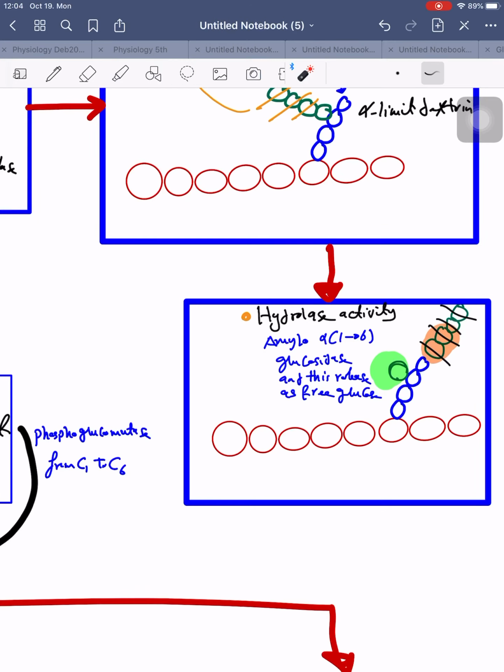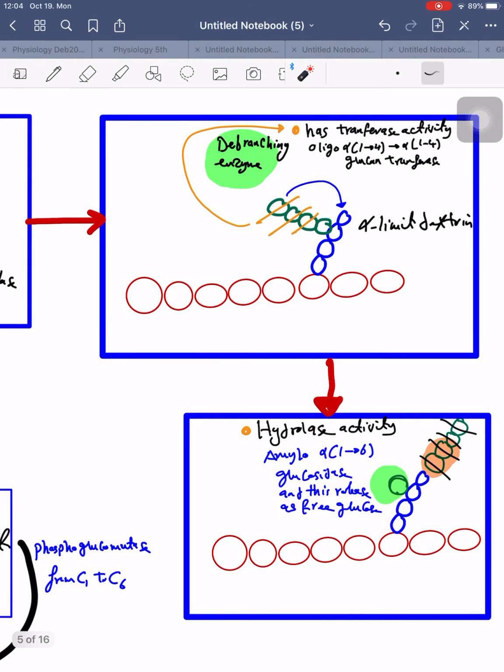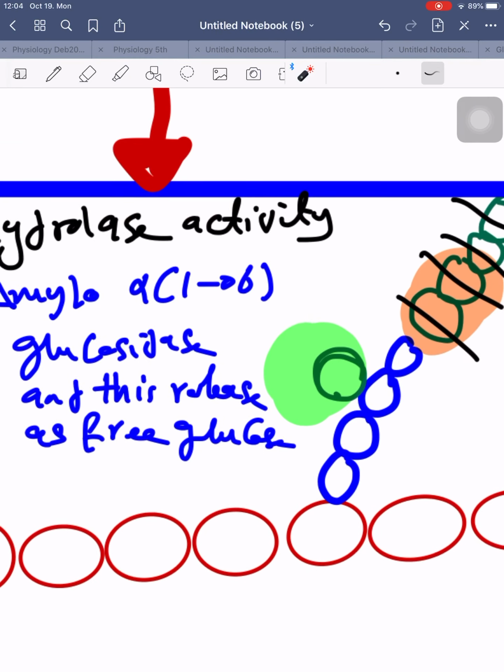Who can remove? Debranching enzyme. And debranching enzyme has 2 activities now. It has transferase activity and hydrolase activity. Transferase, to get the 3 adding to the other strand, then glycogen phosphorylase works and removes the last glucose.